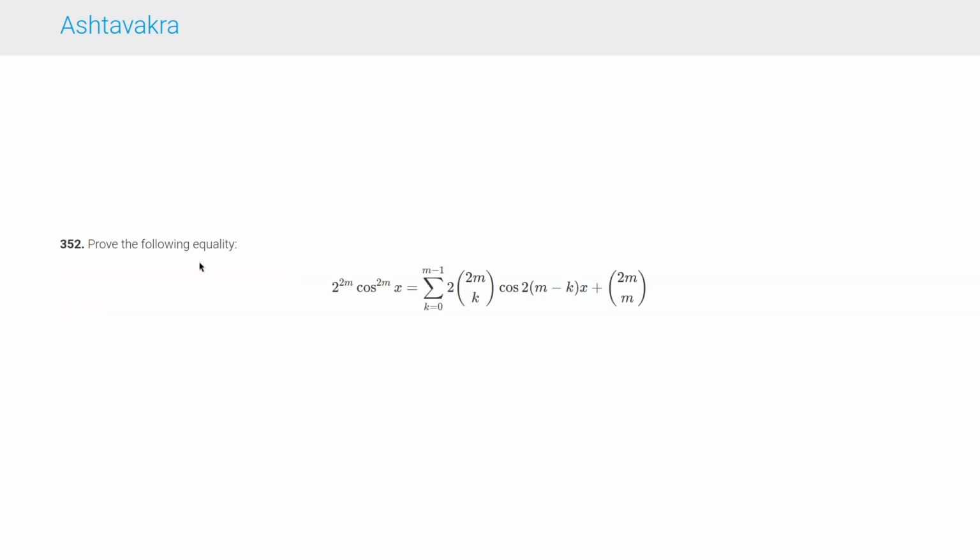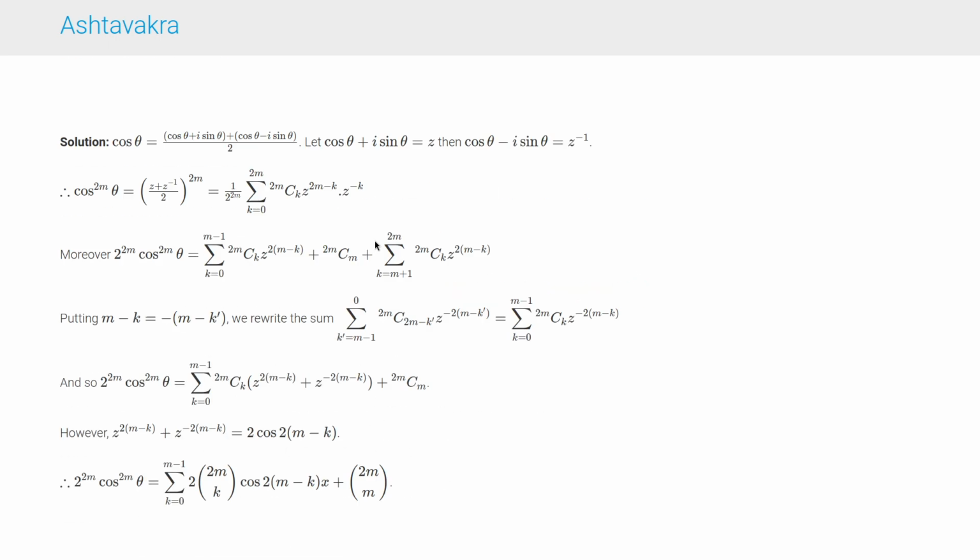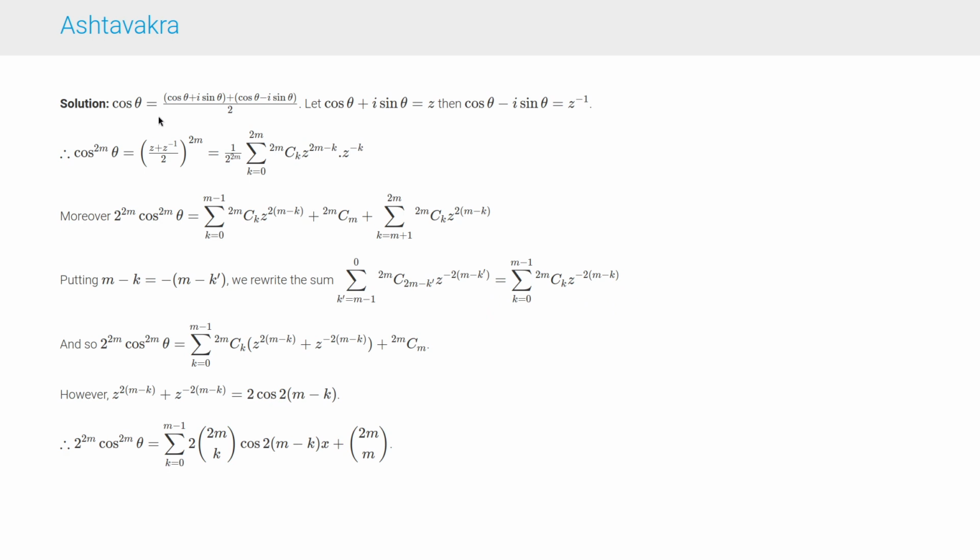Question 352 says that 2 to the power 2m cos to the power 2m x is equal to sigma k is equal to 0 to m minus 1 of 2m choose k cos (2m minus k)x plus 2m choose m. So we know that cos theta is equal to (cos theta plus i sin theta plus cos theta minus i sin theta) by 2.